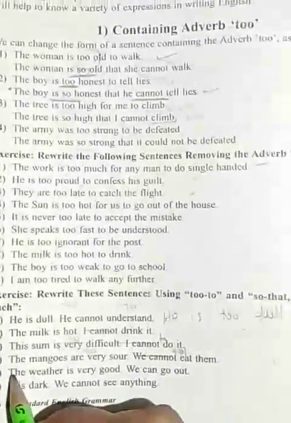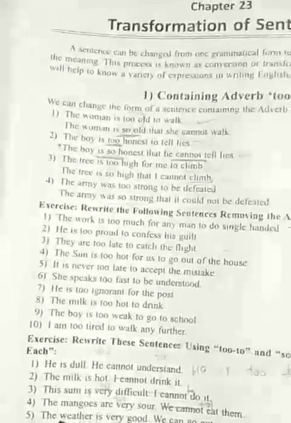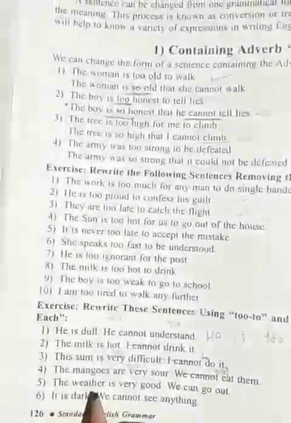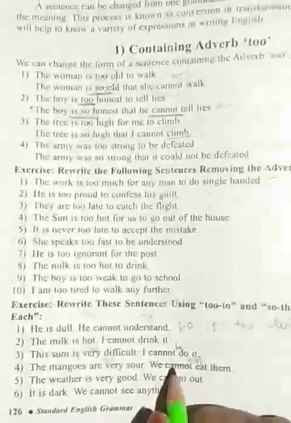Understood? Here two sentences are given. You have to join the sentences using "too" and "to". The weather is very good. The weather is too good to go out.